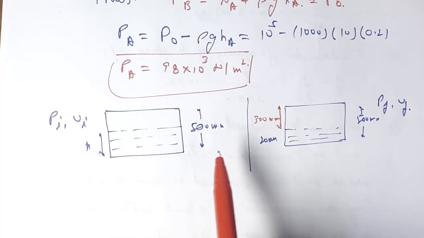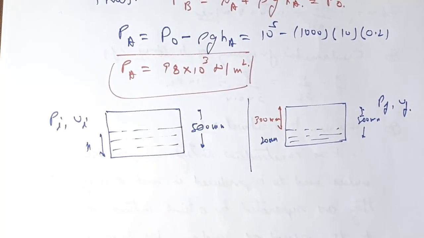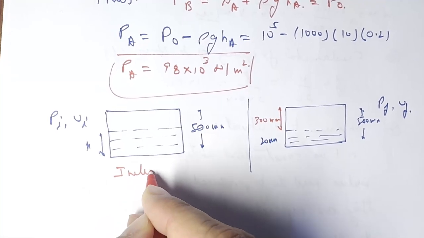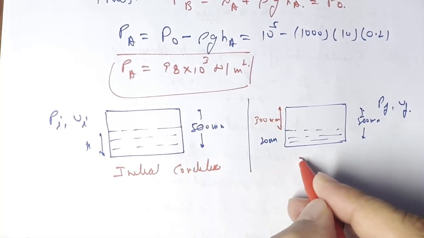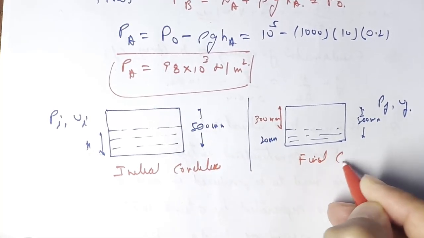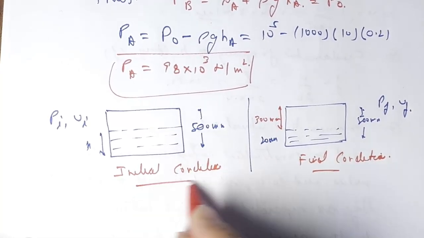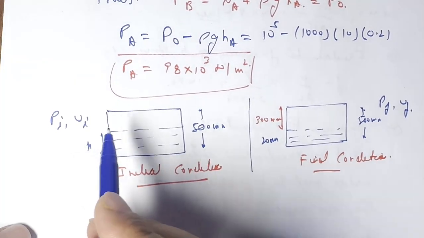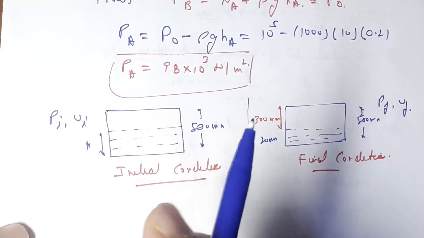So we can use Boyle's law for initial and final condition. Let me write here, this is our initial condition and this is our final condition. Keep in mind that we are going to use Boyle's law for the trapped air, not for the liquid.